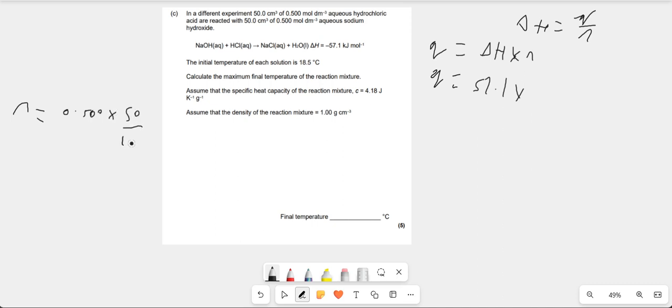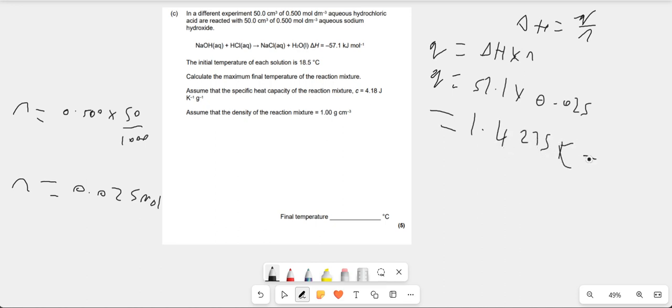So I need to divide the 50 by 1000, because that's cm cubed, and it gets translated into dm cubed. So the moles that I've got is 0.025 moles. So now times 57.1 by 0.025, and that gives me 1.4275 kilojoules.